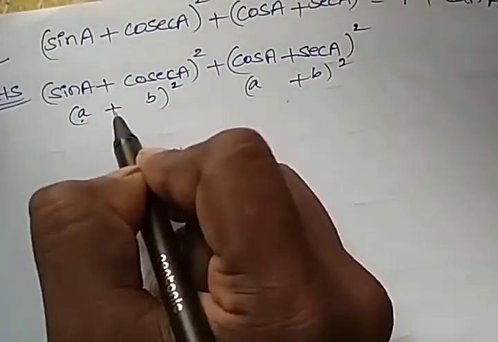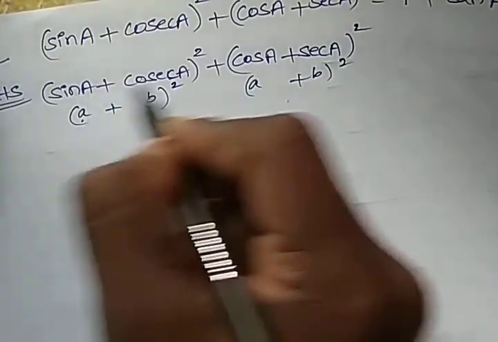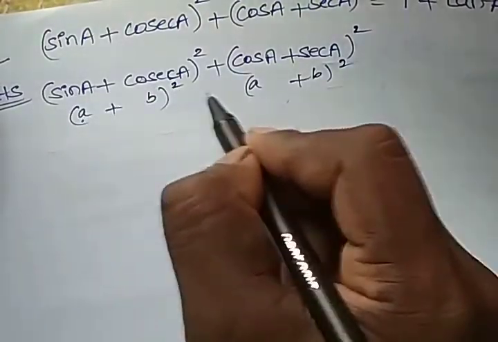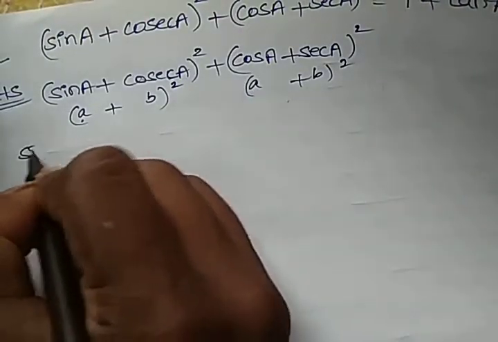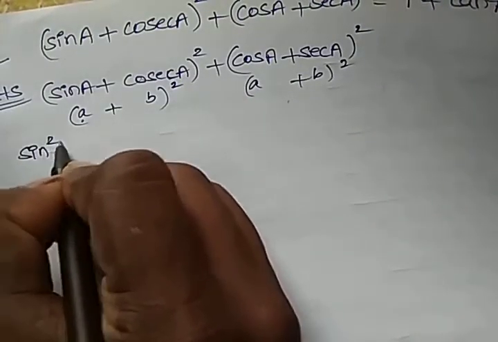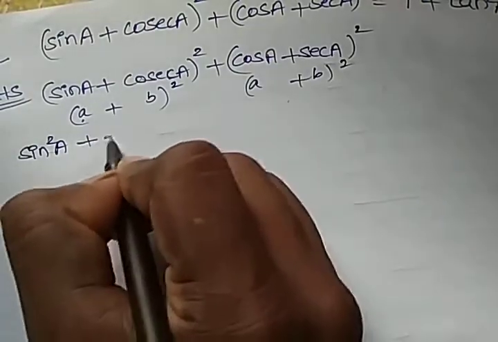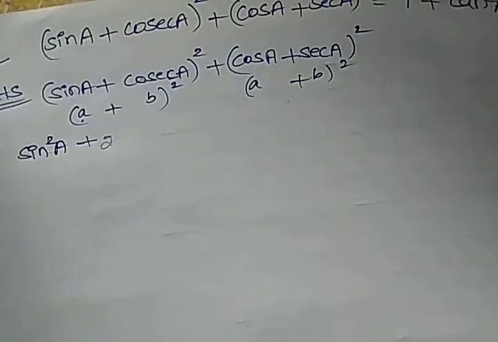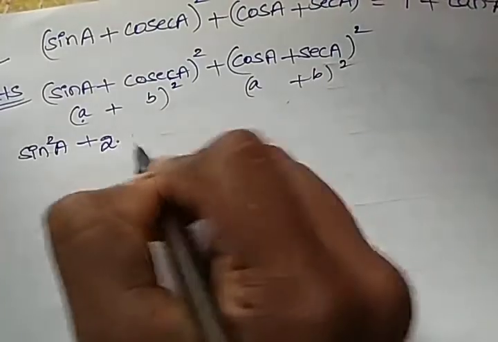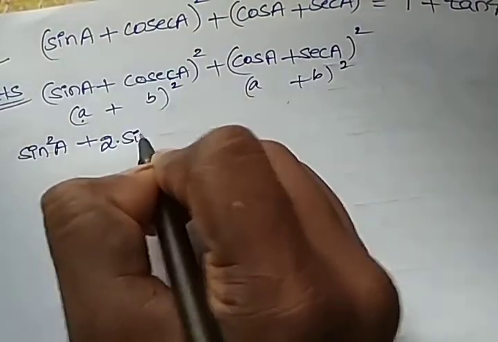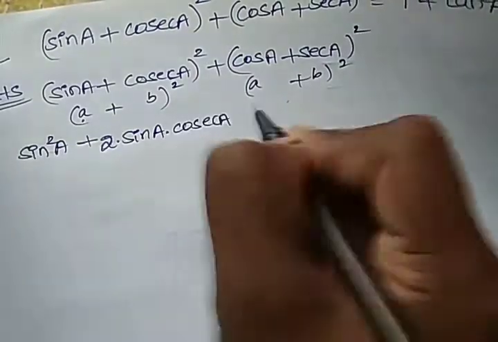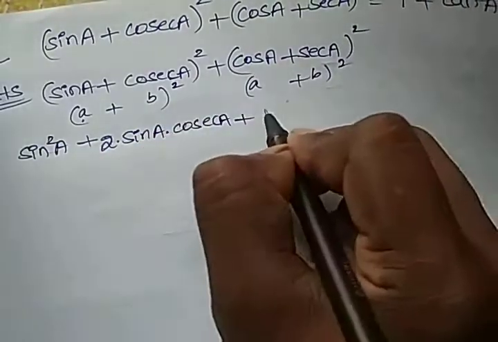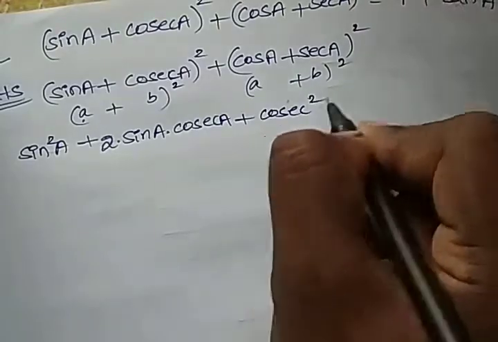Now a square plus 2ab plus b square: sin square a plus 2 into sin a cosecant a plus cosecant square a. So you can write it as sin square a plus 2 into a, that is sin a, b, that is cosecant a, plus b square, that means cosecant square a.